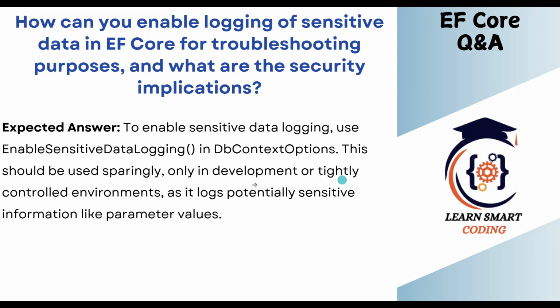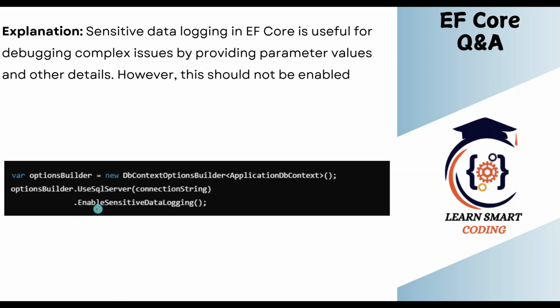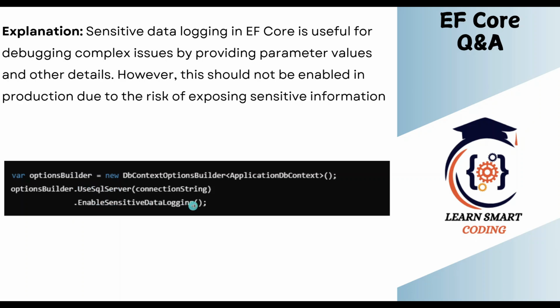So there's something called enable sensitive data logging, and in the DbContext options, let me show you. If you say use SQL Server and then enable sensitive data logging, it will log the parameterized content also. This way you know what parameter was passed in your query and what your actual query is. You can find out whether the query is wrong. If yes, then you have written the LINQ statement wrong, so you can fix it.